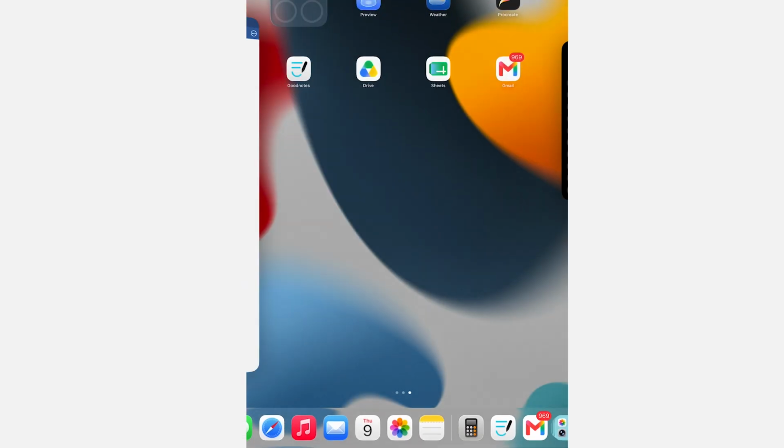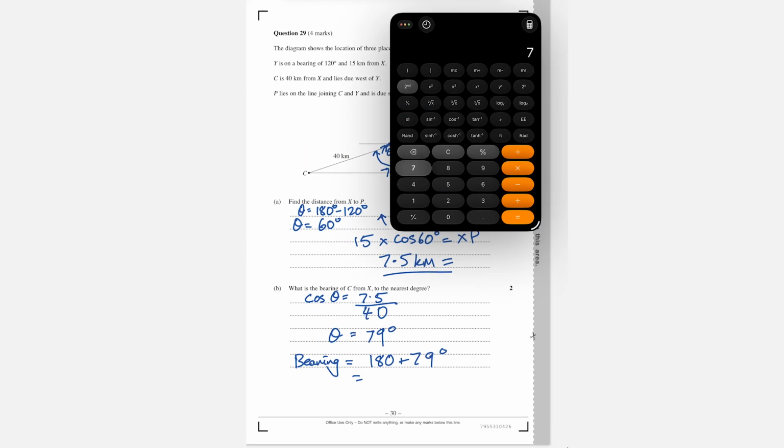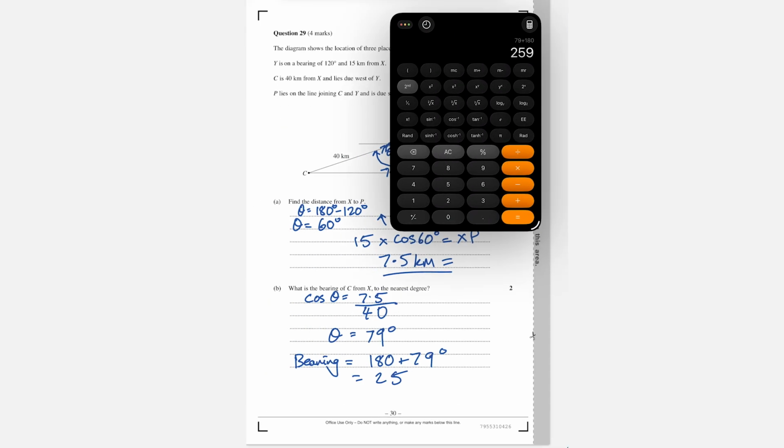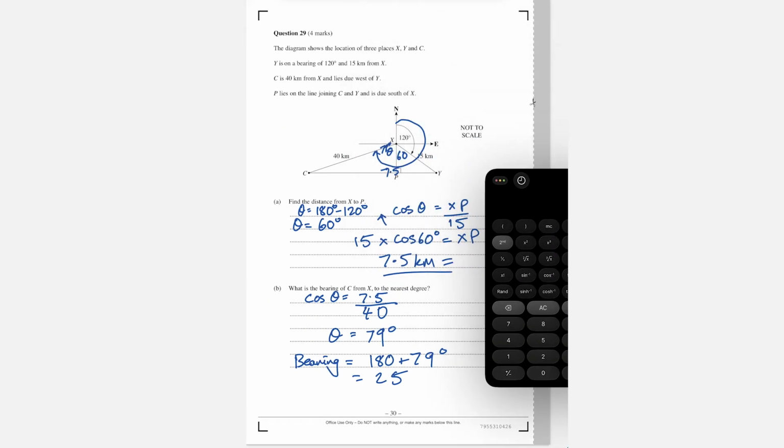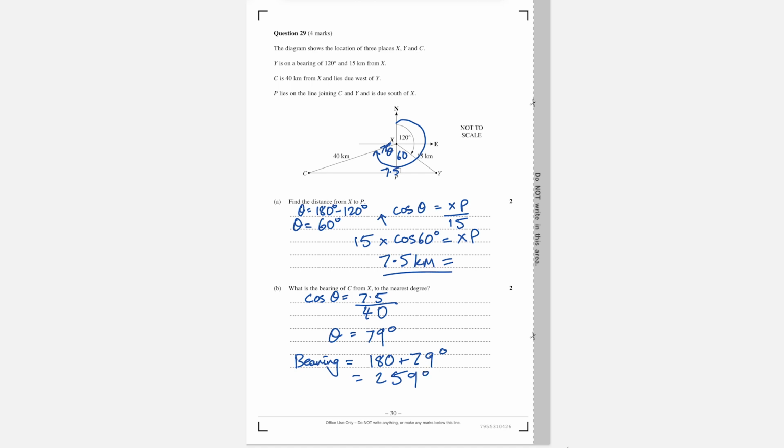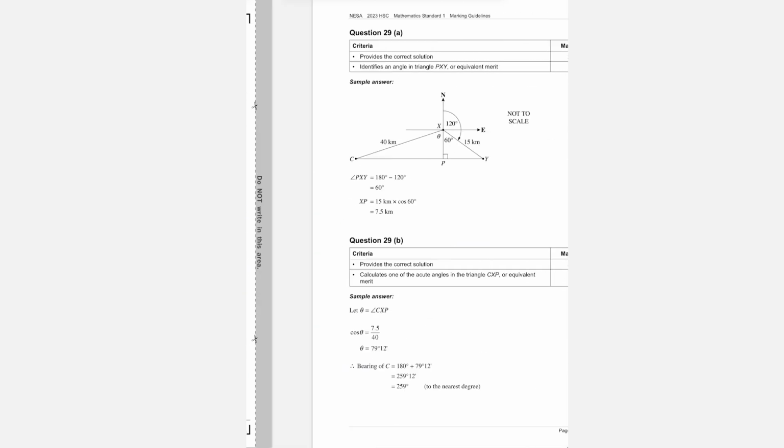So theta is 79 degrees. So then our bearing is actually adding 180 plus 79 degrees. So bearing is equal to 180 plus 79 degrees. Again, let's put that into our calculator and we get 79 plus 180, 259 degrees is our answer. There we go.